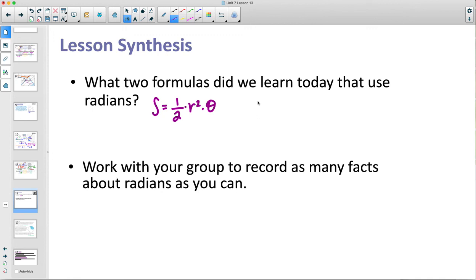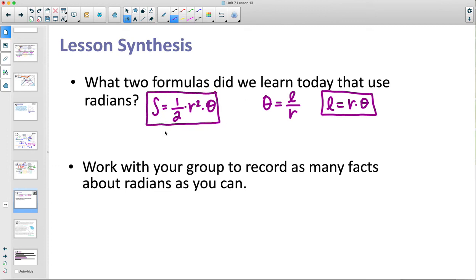I'm just going to write the definition of a radian first. So we had a radian equals arc length divided by the radius. So if we just multiply the radius up, we find out that arc length in radians is just radius times the angle. So here are the two formulas, sector area and arc length with radians.